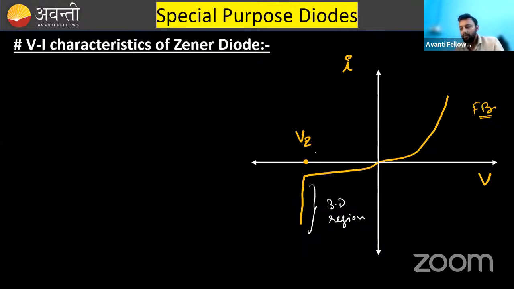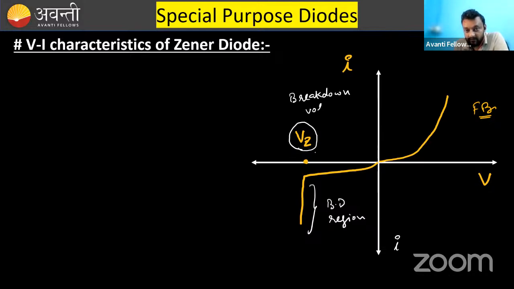They will work properly. Another thing that you can notice, this is current. Current is increasing without any change in the voltage. And this voltage is called the Zener voltage or breakdown voltage.